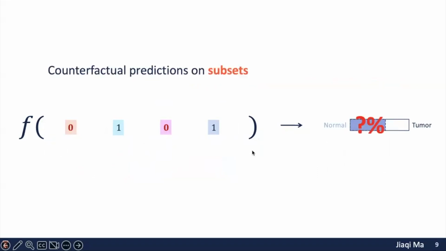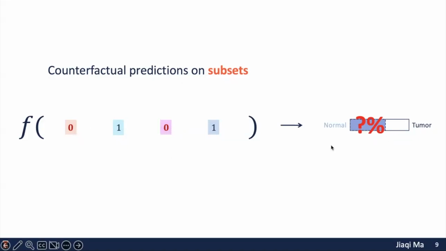In today's meeting, we'll introduce methods motivated by a different problem, which is counterfactual predictions on a subset of the training data, which means we're going to set multiple data weights to be 0 simultaneously.